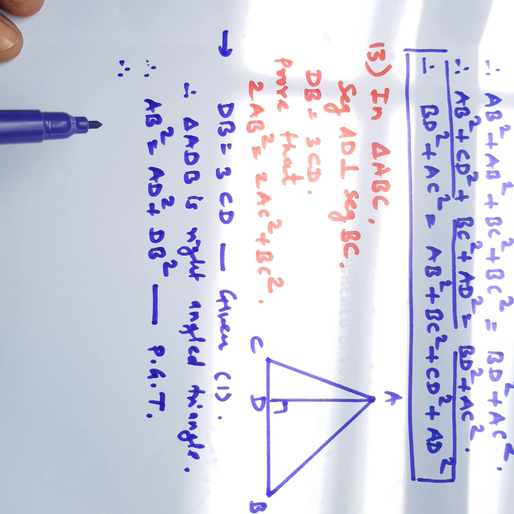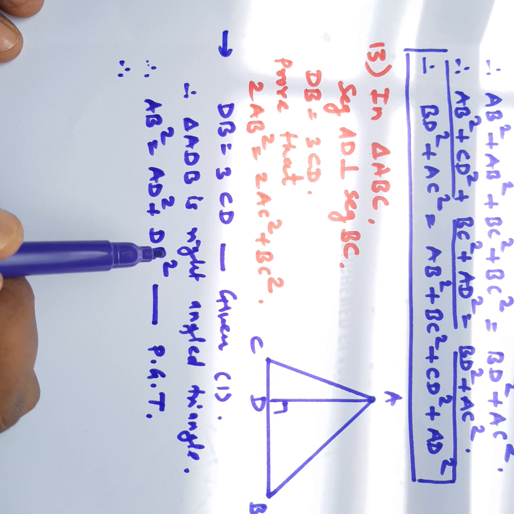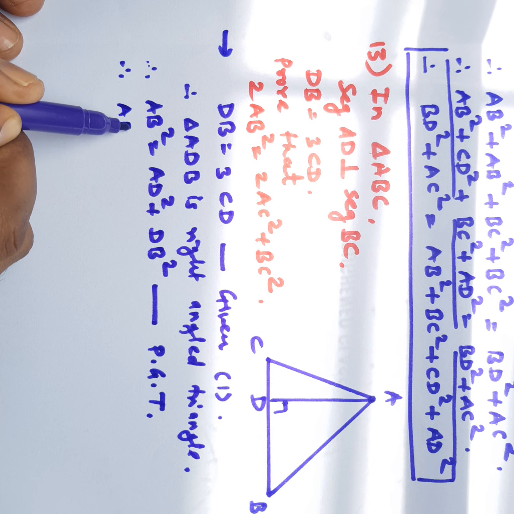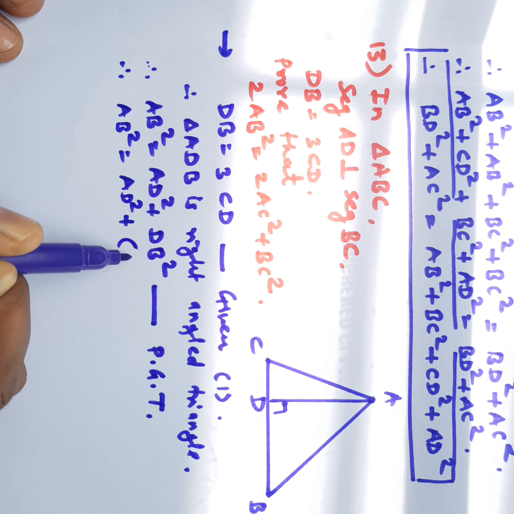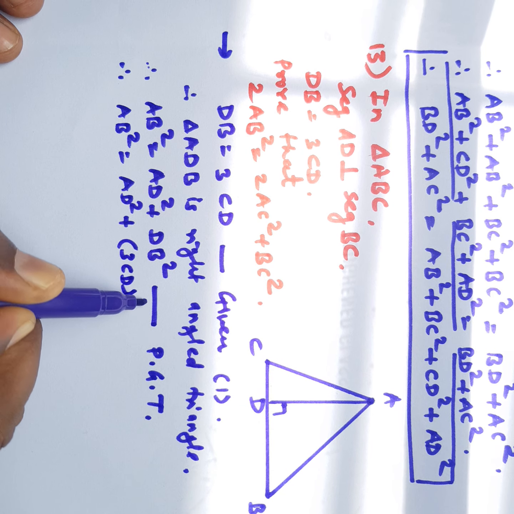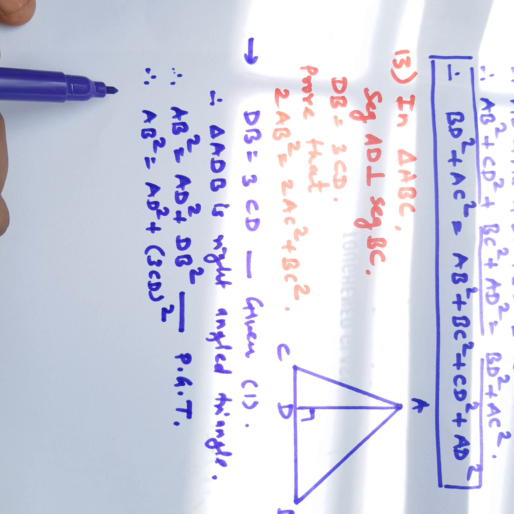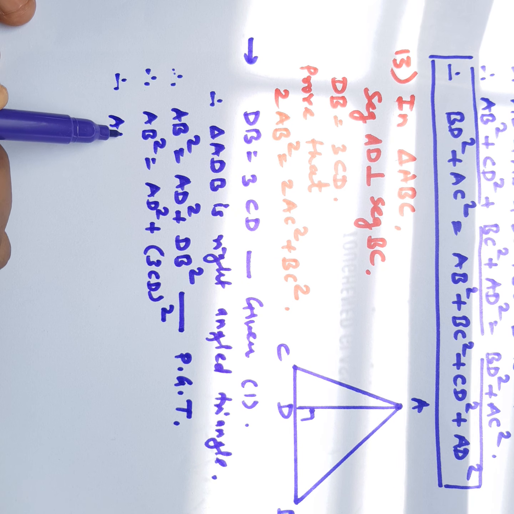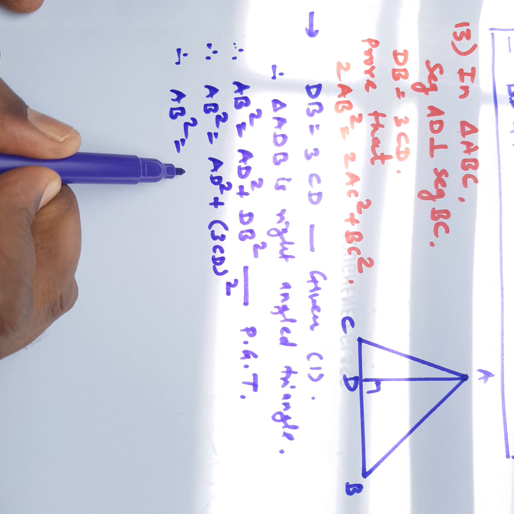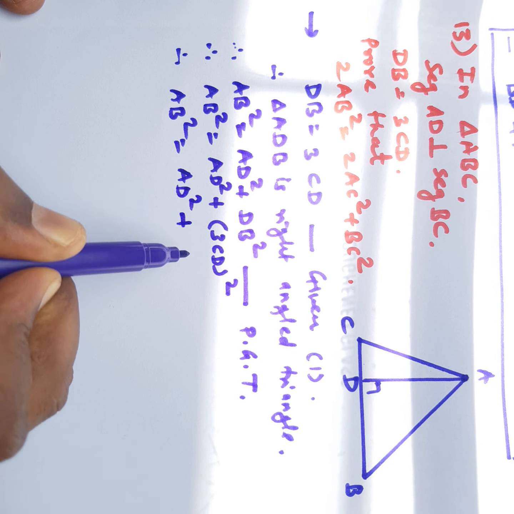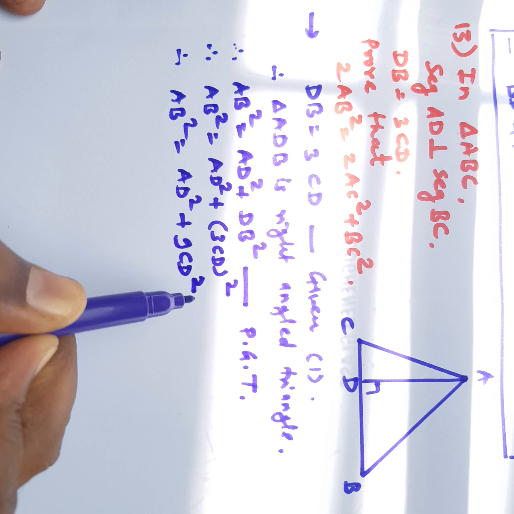But we know DB is equal to 3CD, means AB square is equal to AD square plus 3CD bracket square. Therefore AB square is equal to AD square plus 9CD square.